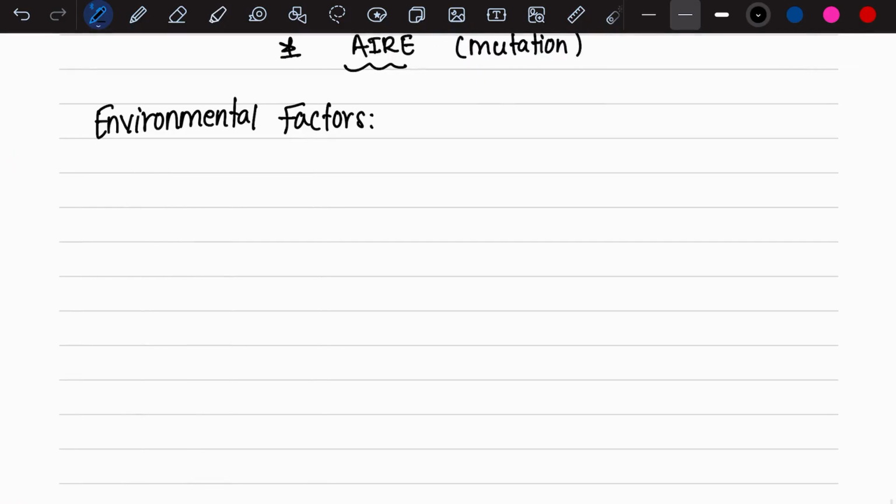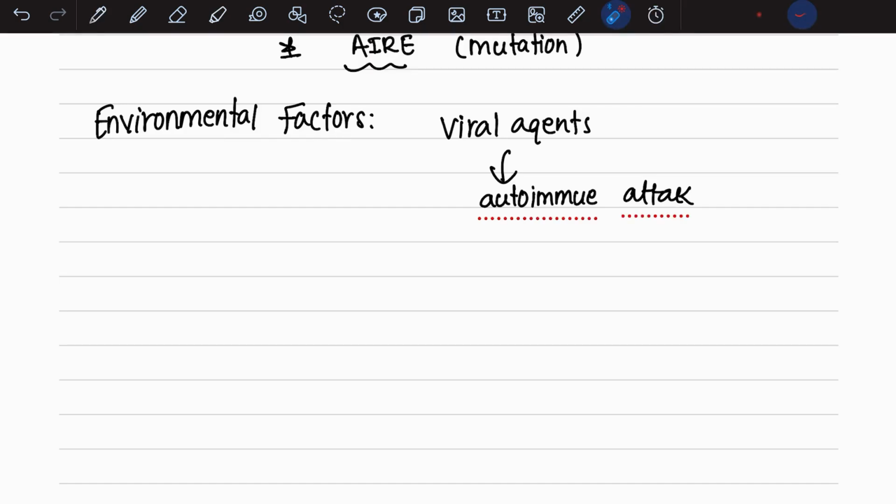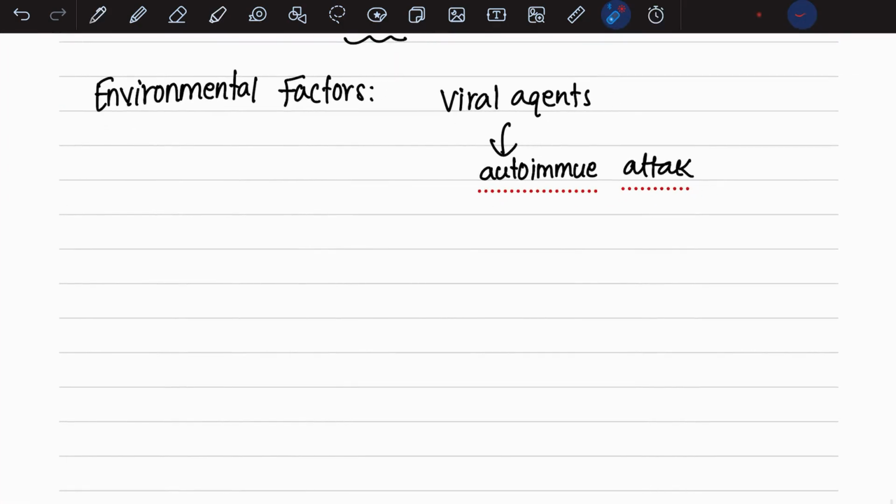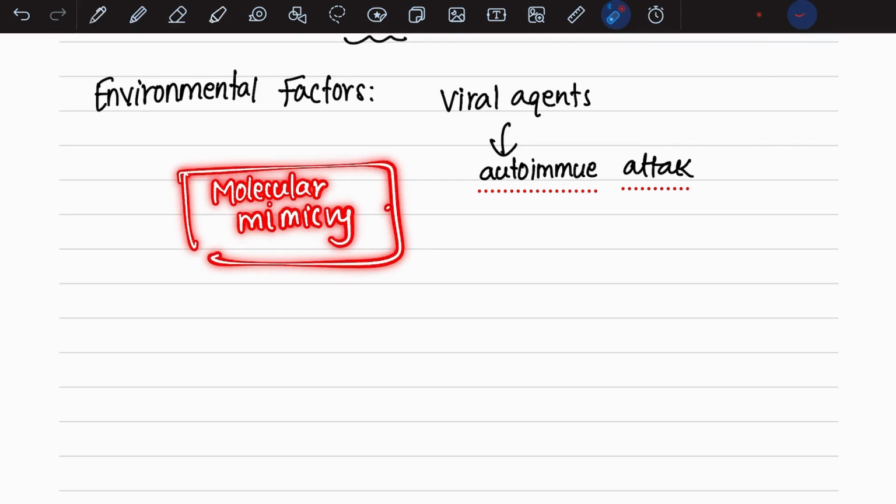what is found is that viral agents have been found to be potential triggers of the autoimmune attack. There is a postulated hypothesis that through molecular mimicry they bring about the autoimmune attack.